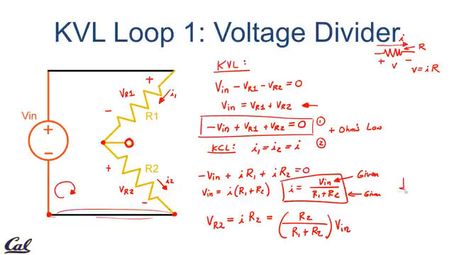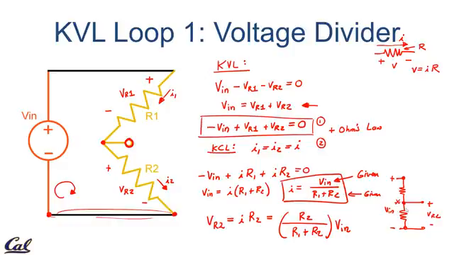So if I have two resistors, and I know the voltage between here and here, and I call that Vin, then I know the voltage across any one of these resistors, provided there's nothing connected here. We don't want anything connected off the resistor because that messes this up.